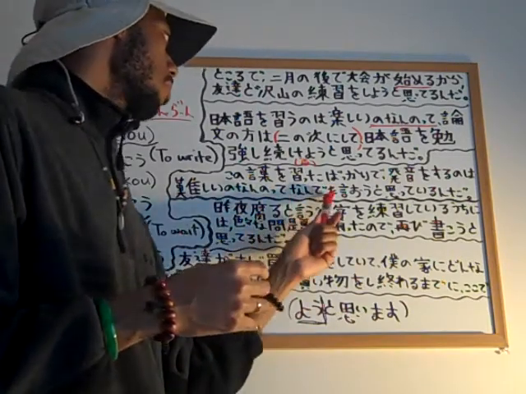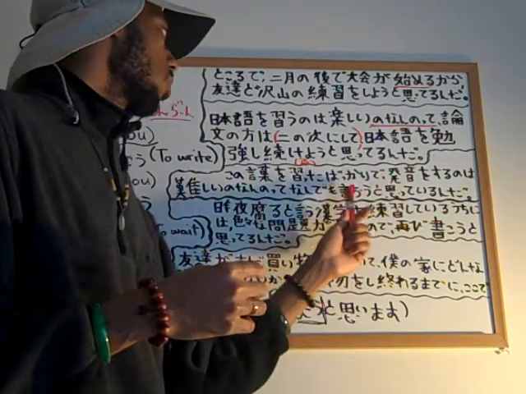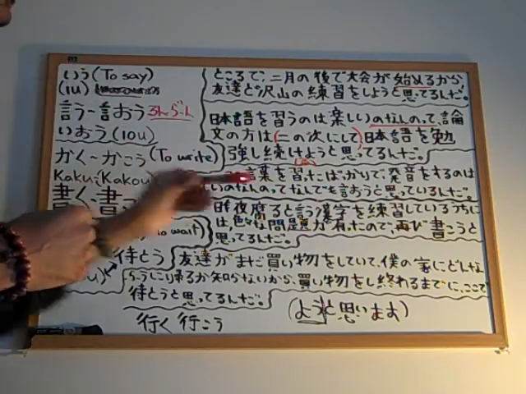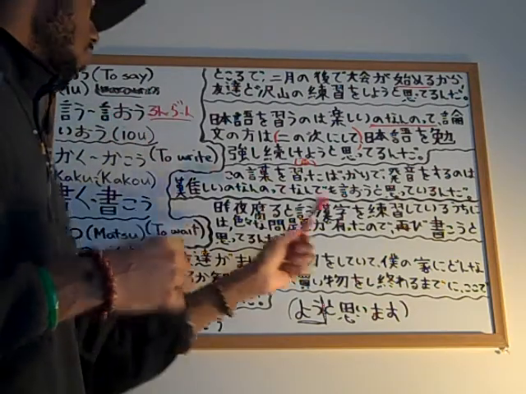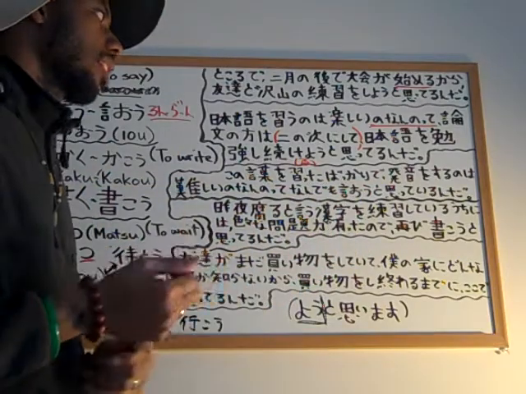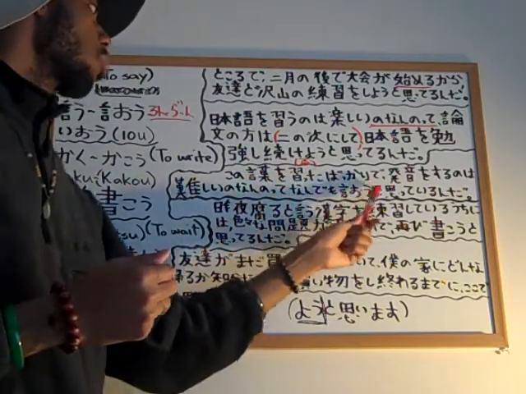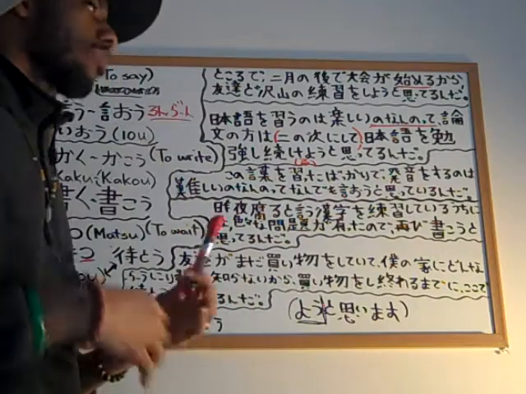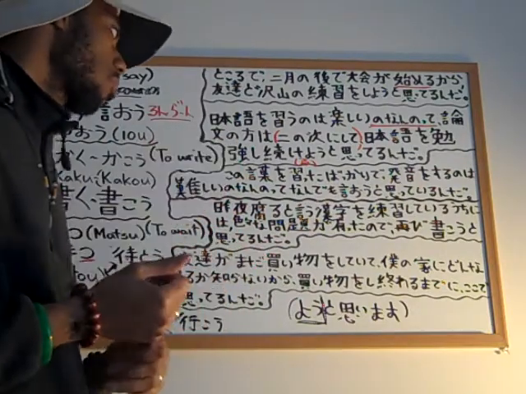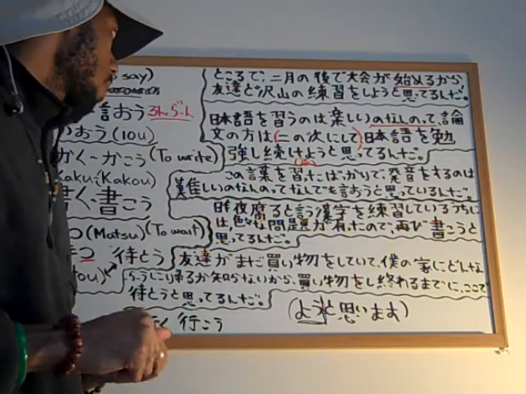So nandemo iyo tomoteru. Remember we had iu, to say. We change it to iyo, and then tomotteru. That means you're thinking about saying it. So nandemo iyo tomoterunda. I'm thinking about saying it many times. Okay.